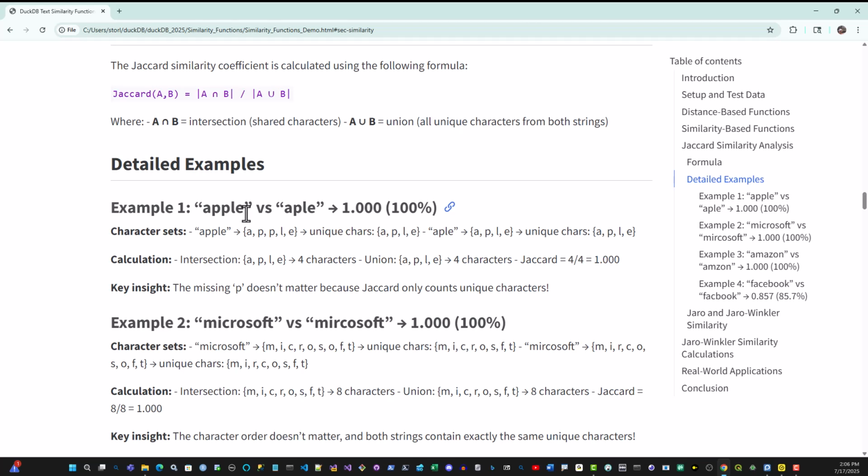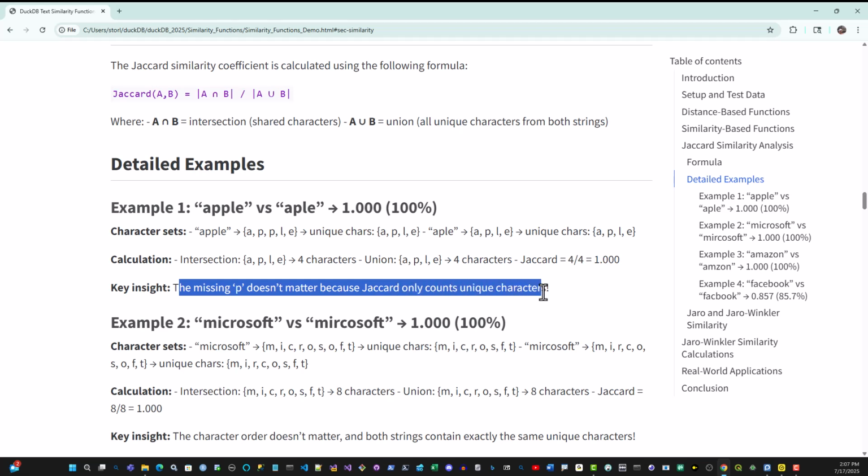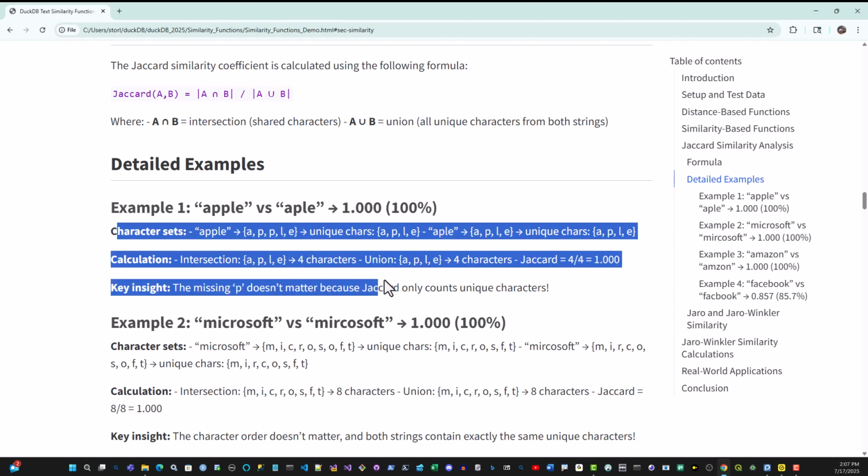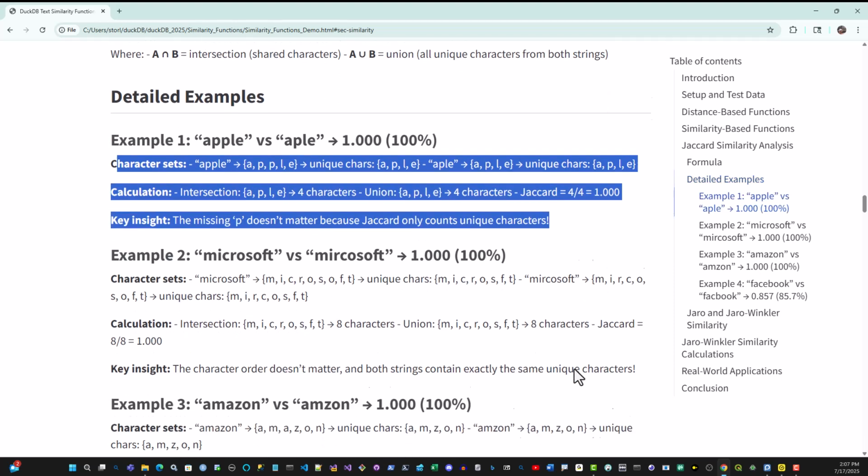And because there is no other letter here, since this is just a duplicate of this P, that also becomes the union. Therefore you have APLE over APLE, which is 4 over 4, which is 1. So that's 100%. The missing P doesn't matter because Jaccard only counts unique characters. I wrote out this piece so you can read up on how that happens.